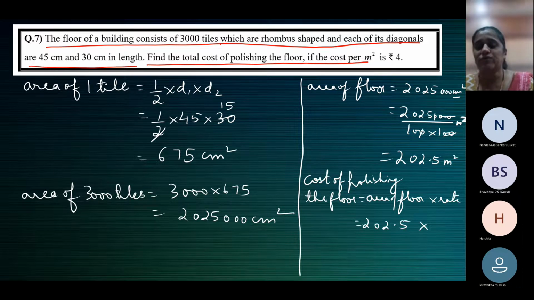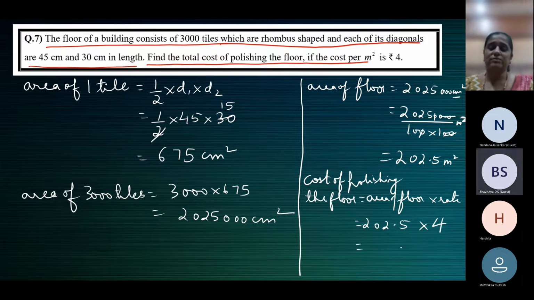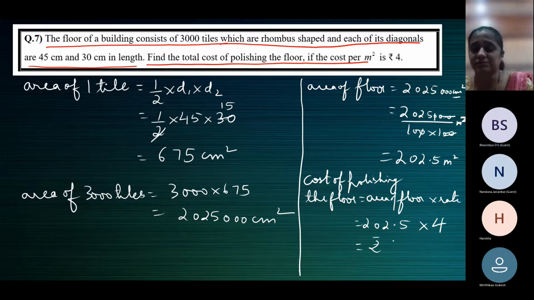So 202.5 meters square into 4 rupees per meter square. Multiply, and that's the cost. Ma'am, 810. Not meter square, rupees 810. Write down, children.